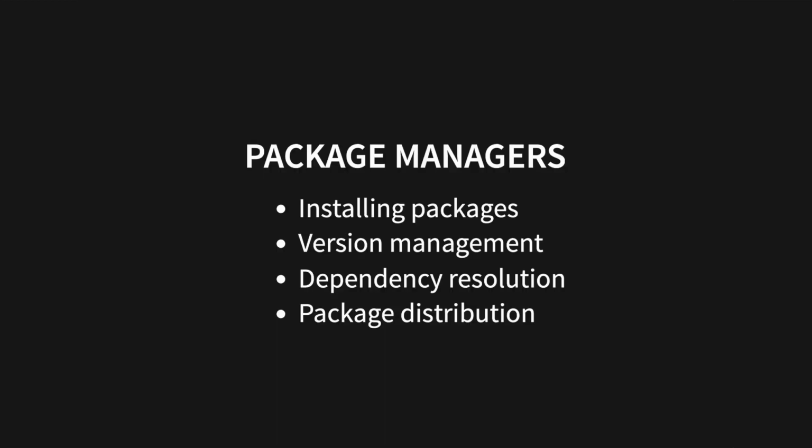The primary purpose of a package manager is to manage dependencies for a software project. A package manager makes it easier for developers to manage these dependencies by automating tasks like installing packages, version management, dependency resolution, and package distribution.